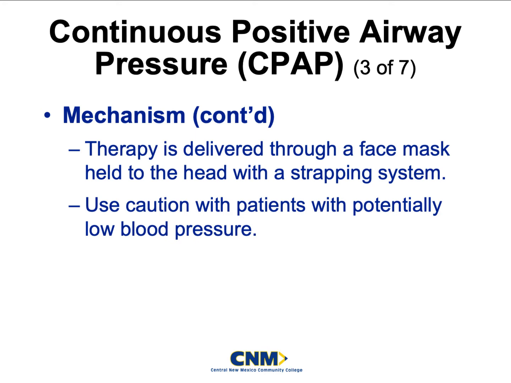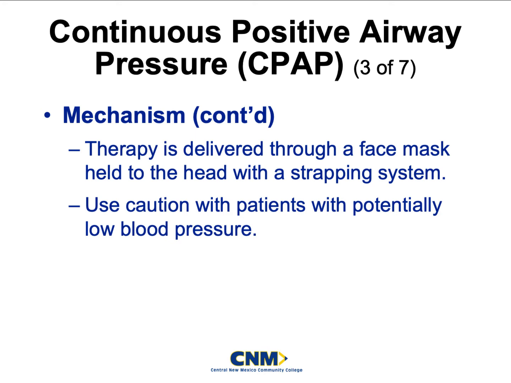Once we start moving towards the lower side, we want to be careful about using this with patients with low blood pressure. The reason is that we are increasing the intrathoracic pressure, just like we are with the BVM, which means that we are technically hyperinflating the lungs of our patients.